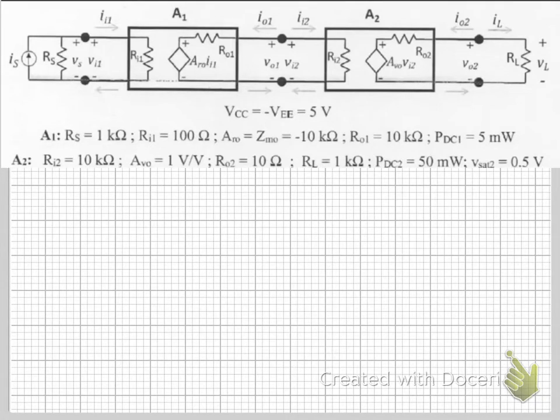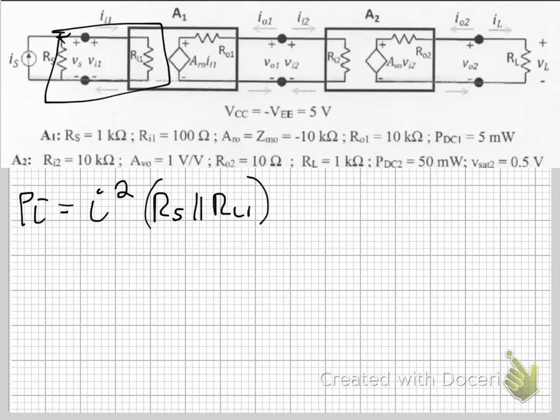So your input power in is equal to I squared times R of S in parallel with R of I1. This is because the current is being delivered to both of these.